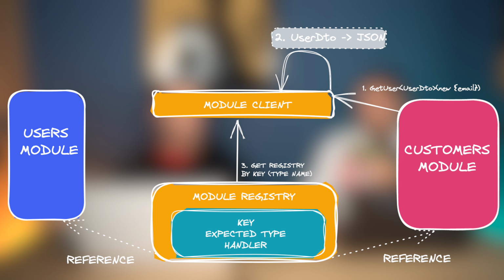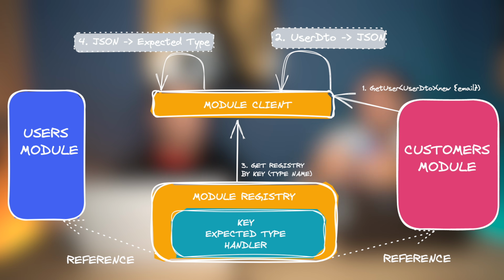And so you will know what you should transform your message to. So once the customer would like to call our users module, we'll serialize this to, let's say, JSON or whatever we would like, then deserialize this to the given type. So there will be no issue with having this on the customer side.